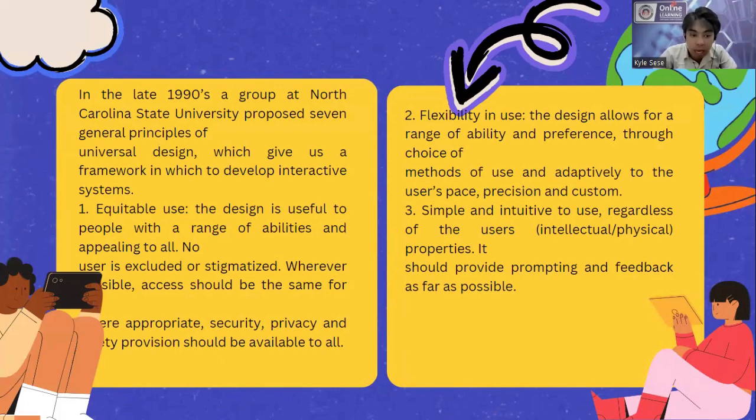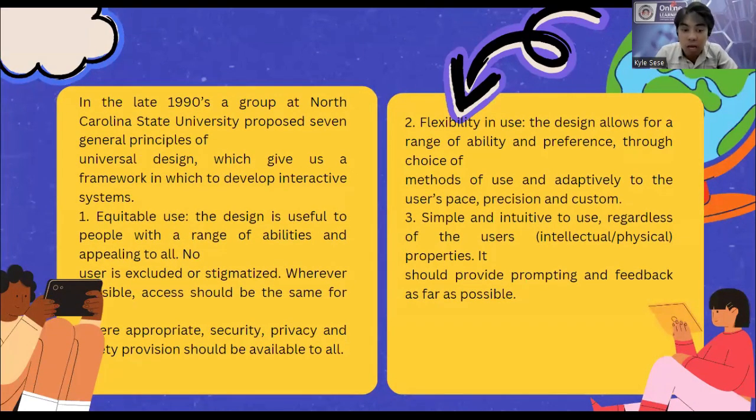No users are excluded or stigmatized, and access should be the same for everyone. Ensure that the design is usable by people with diverse abilities and characteristics. Design interfaces that are flexible and adaptable to accommodate different user preferences and needs. That is what we call equitable use.